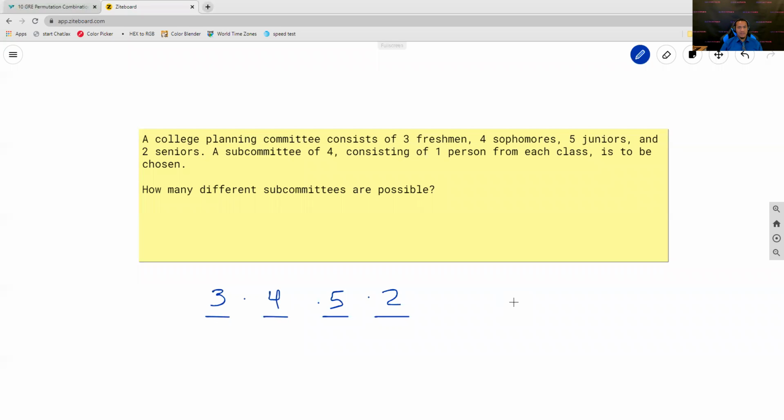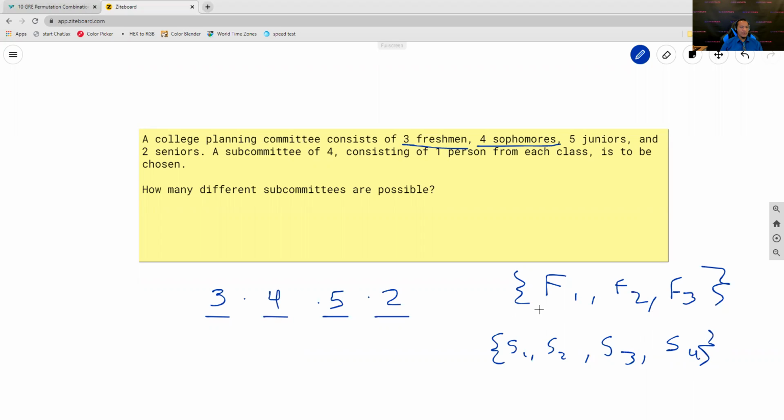Now, how does that make any sense? Well, consider first only these 2, freshmen and sophomores. If you see my sets F1, F2, and F3, I can pair them up with, for sophomores, S1, S2, S3, and S4.